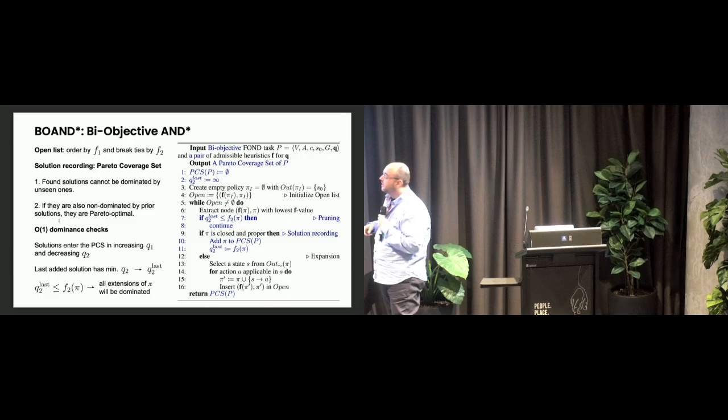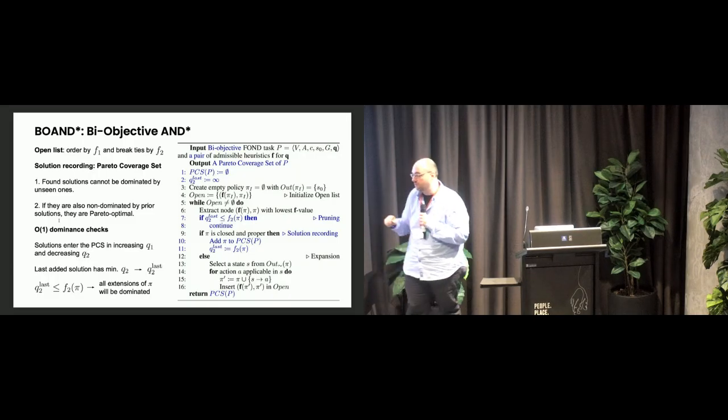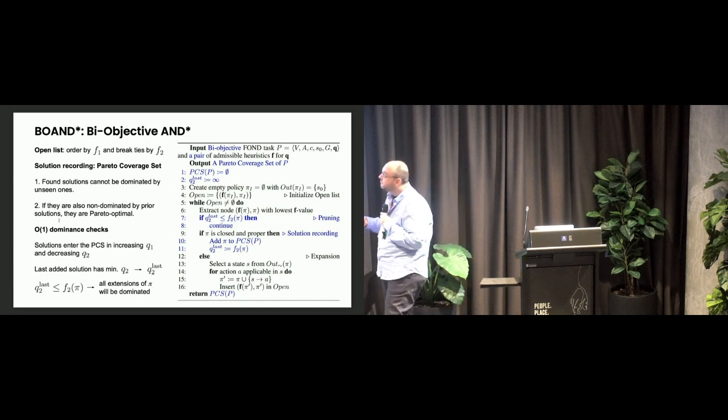And we are going to use the first one to order the open list and the second one to break ties. So we are using a lexicographic order. This ordering ensures that whenever we find a solution, no solution that we see in the future will dominate it.